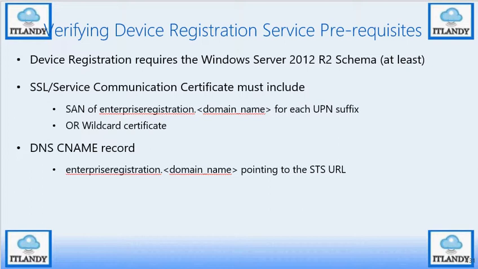So if you recall earlier, we said my certificate for communication could be wildcard or SAN, but if I want to use it for device registration, my certificate was adfs.itlandy.com, but I will need to use enterpriseregistration.itlandy.com. Otherwise, a wildcard will take care of all these names if you choose it. Like we said about authentication as well, certificate authentication, or this one, enterprise authentication.